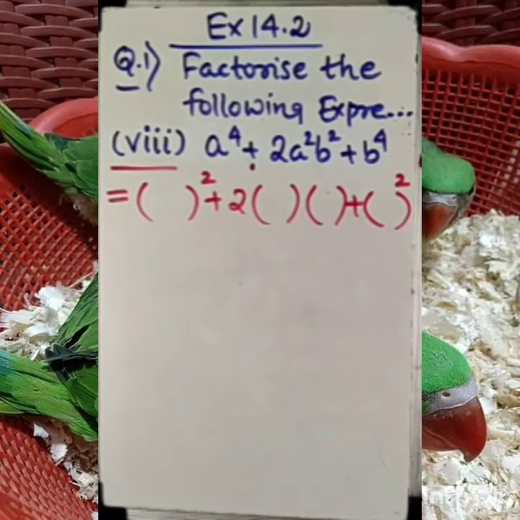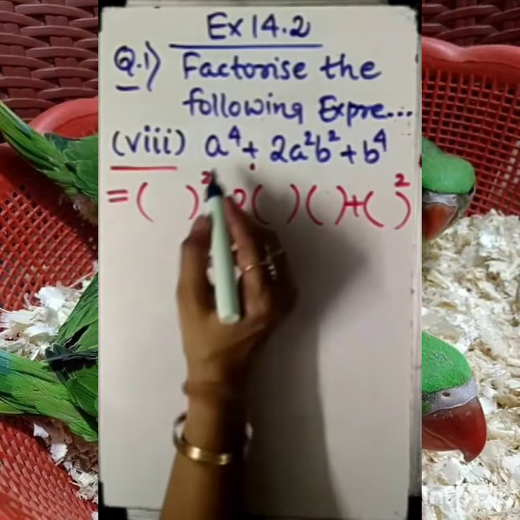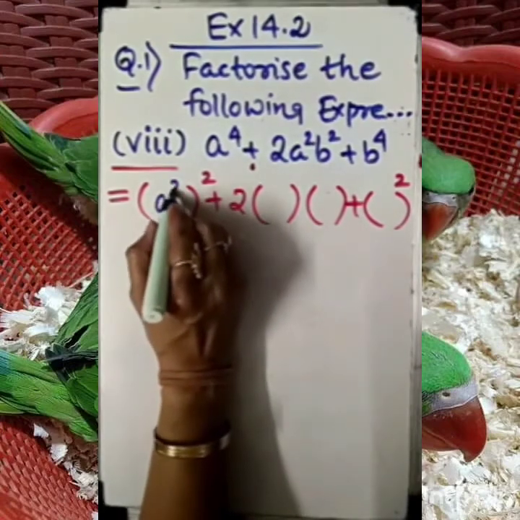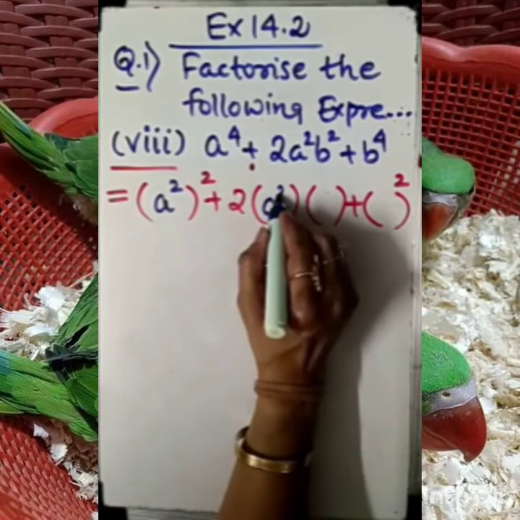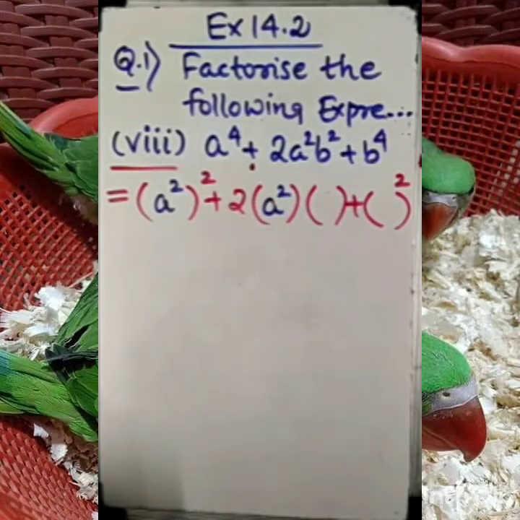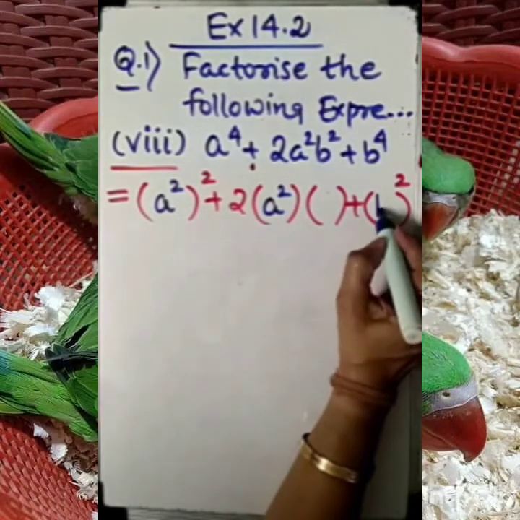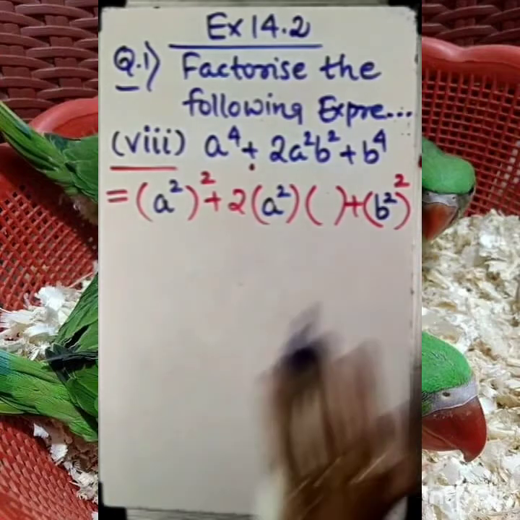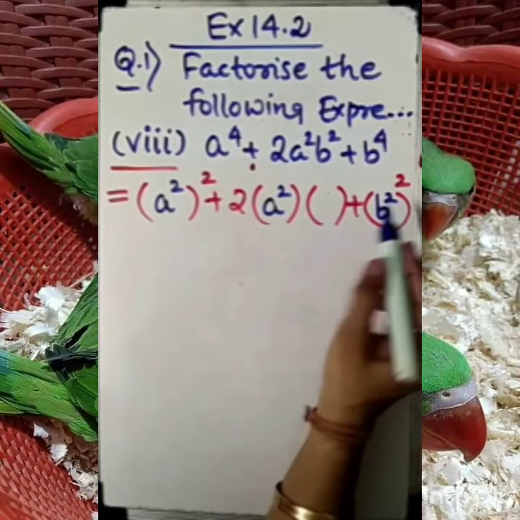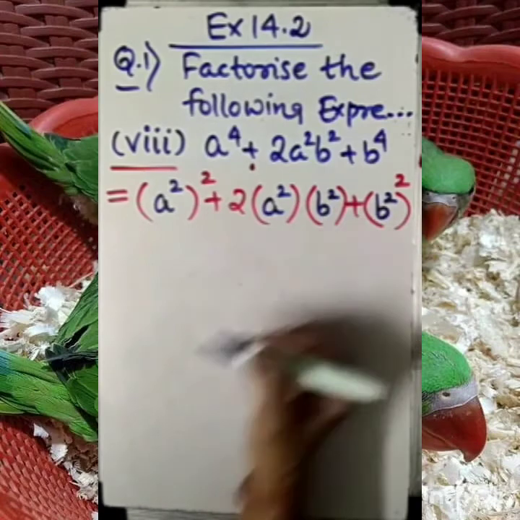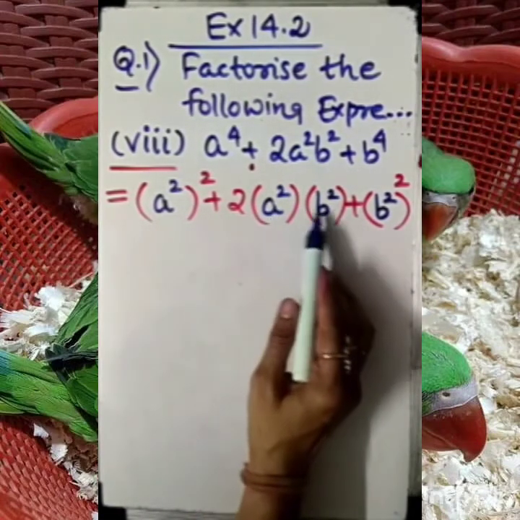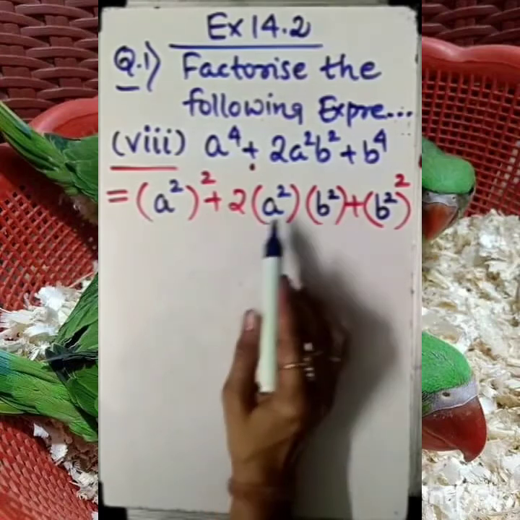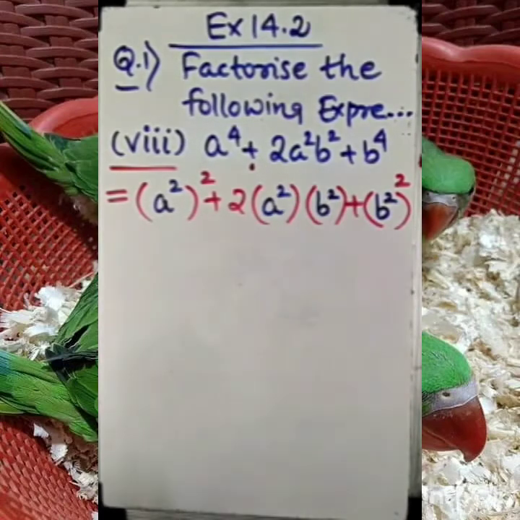So my dear friends, we need to write here: a to the power 4 means a square, first term is a square, I am mentioning. b to the power 4 is the square of b square, and I am mentioning here b square. You can check, dear student, there is 2 into a square into b square, meaning 2a square b square, the middle term is already set. Got it?